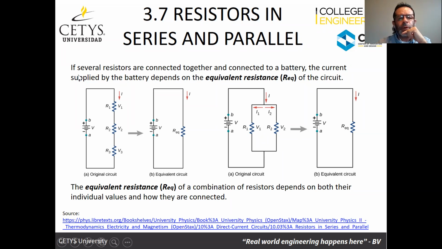So we already talked about equivalent resistance. So if we've got 3 resistors connected in series, we can have an equivalent resistance here. If we've got 2 resistors in parallel, we can have an equivalent resistance over here. Now let's see what happens when we've got a combination of these resistors in series and in parallel. And these problems are very similar to the capacitance problems that we did.